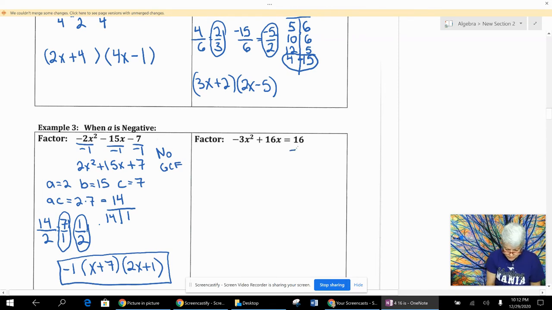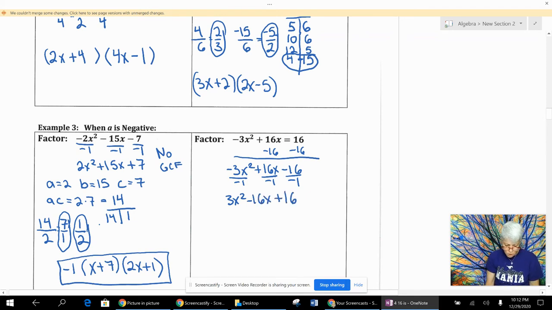I need to move this 16 over. Negative 3x squared plus 16x minus 16. Now I need to factor out the negative. So I have 3x squared minus 16x plus 16.